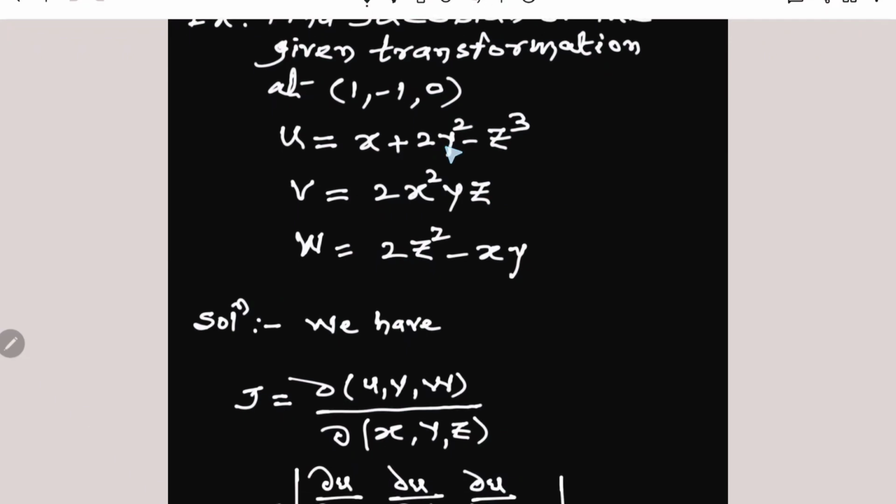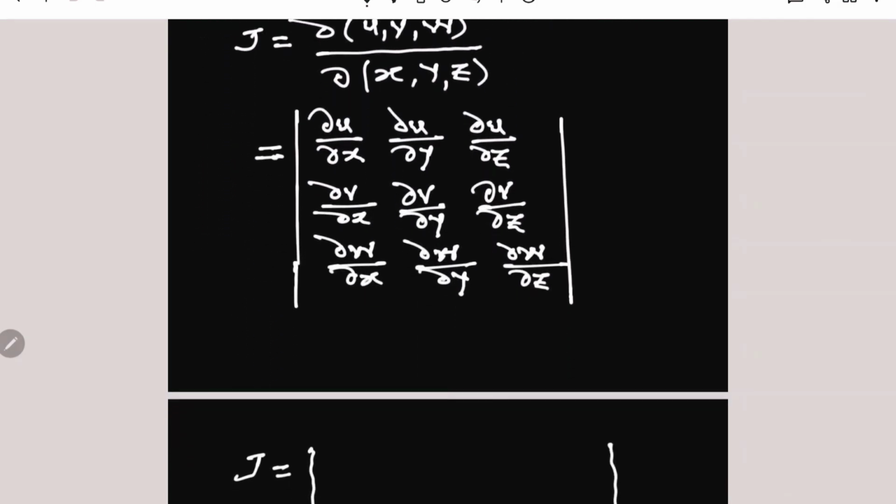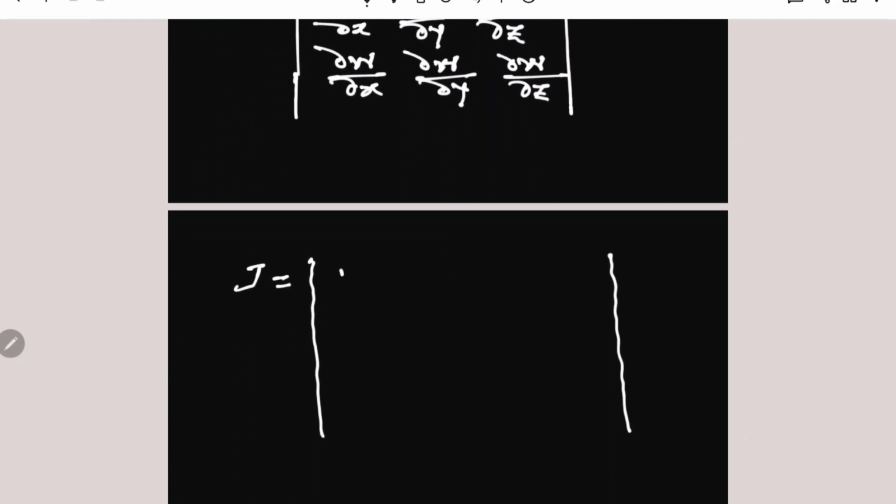Differentiating with respect to y, we get 4y, and differentiating it with respect to z, we get minus 3z square. Substituting in the determinant, we get 1, then 4y, and then minus 3z square. These are the partial derivatives of u with respect to x, y, and z.